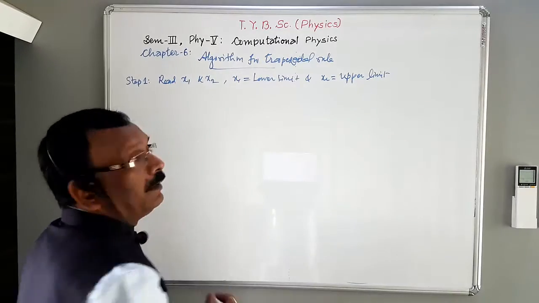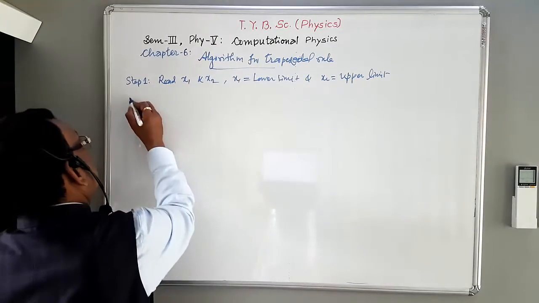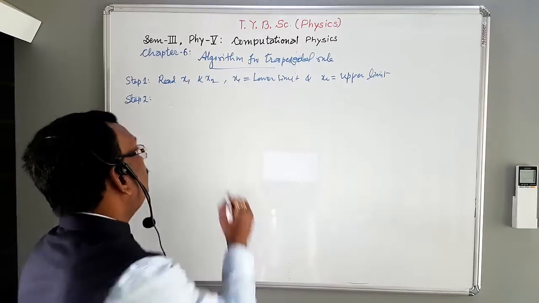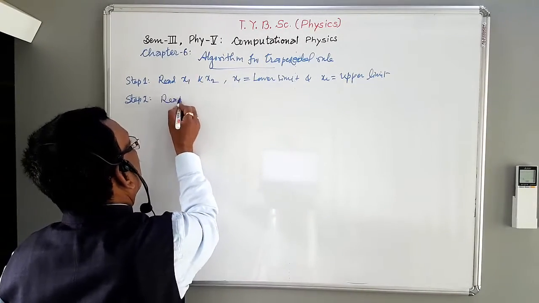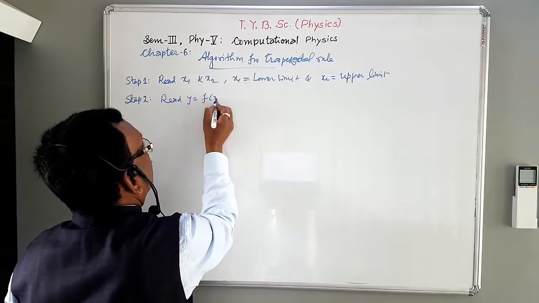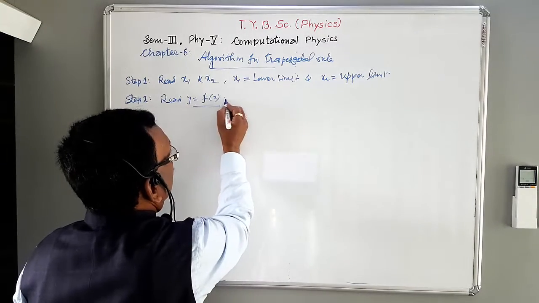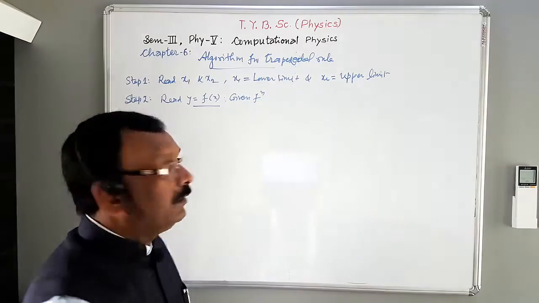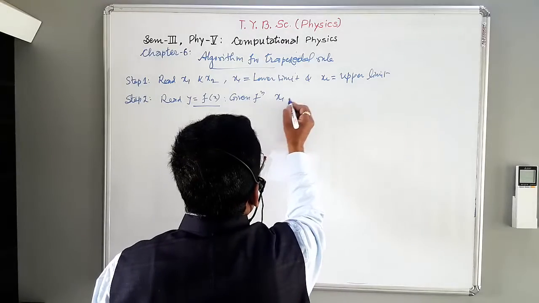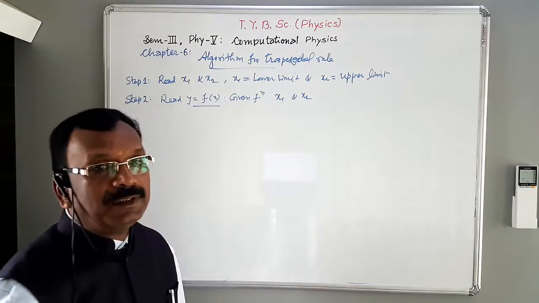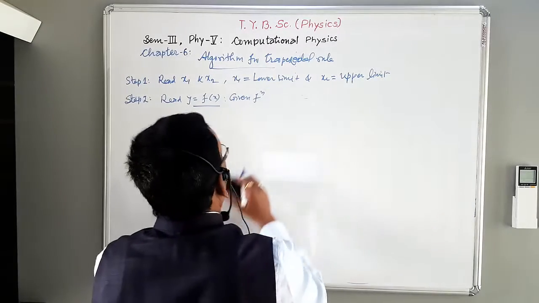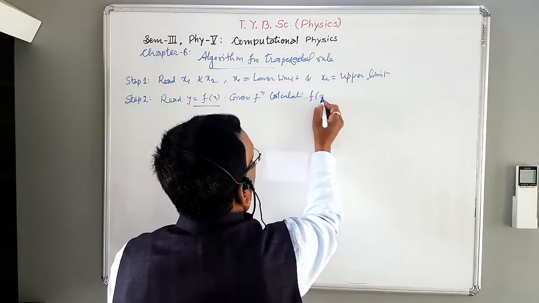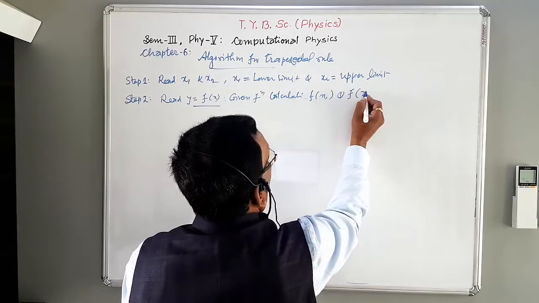Then in step 2, we have to read the function, y is equal to f of x. This is the given function, and from this we also have to calculate the function f of x1 and f of x2.